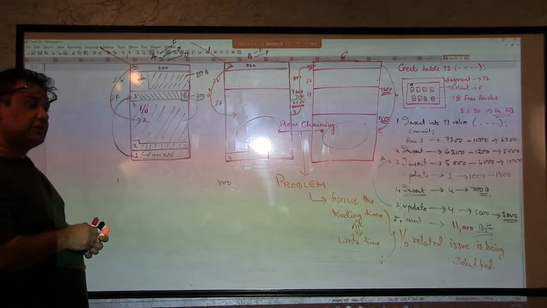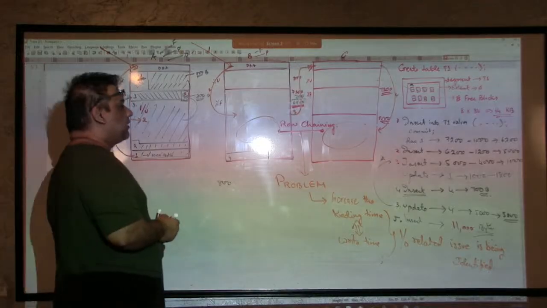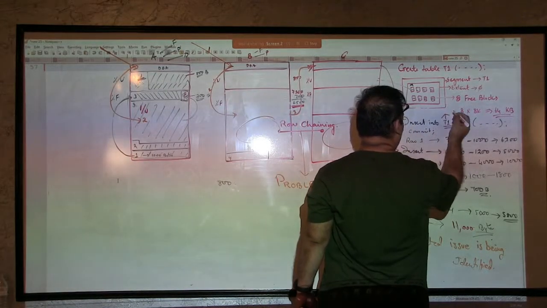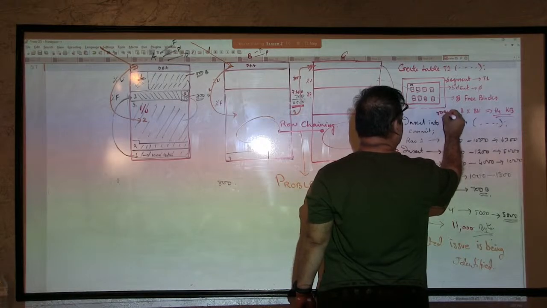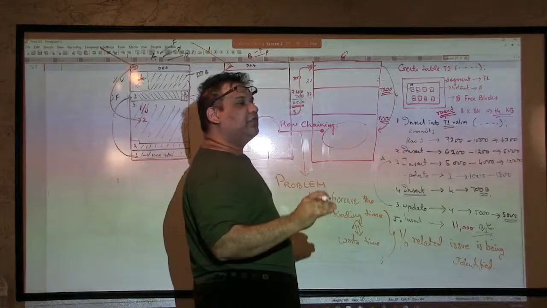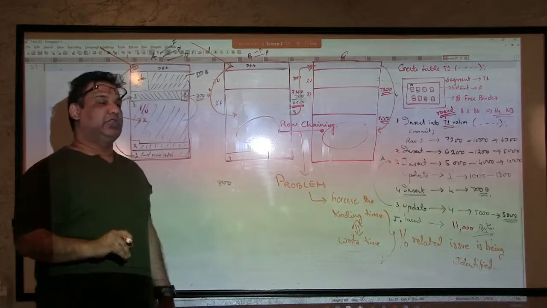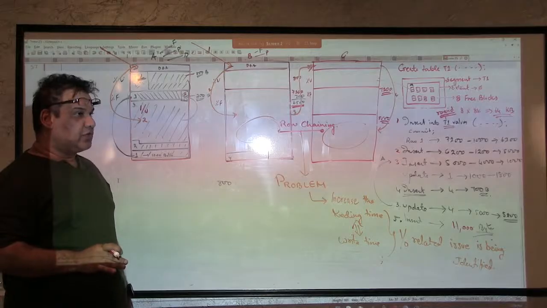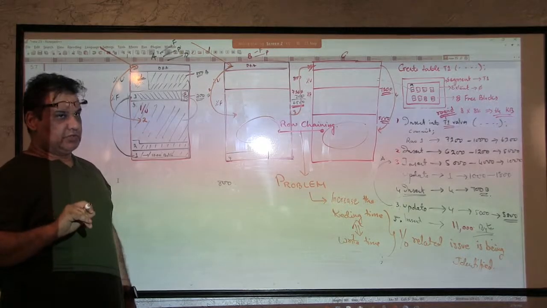Oracle says yes. Why? Because when you insert a row, a row is given a row ID. That means for the life of the row, this row ID should not change. Okay? For the life of the row, this row ID should not change.